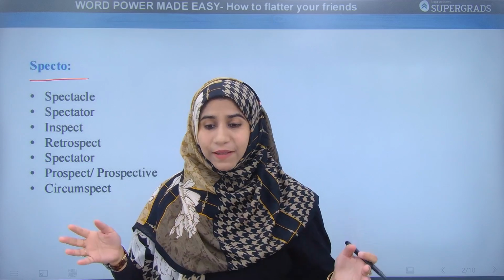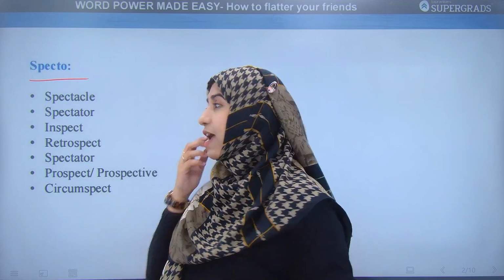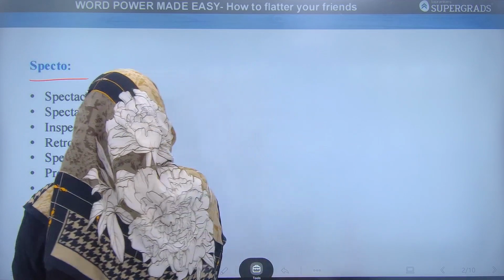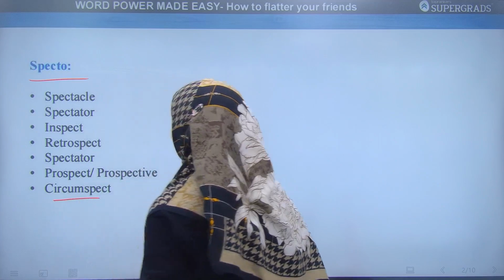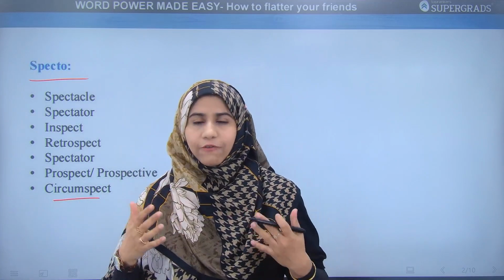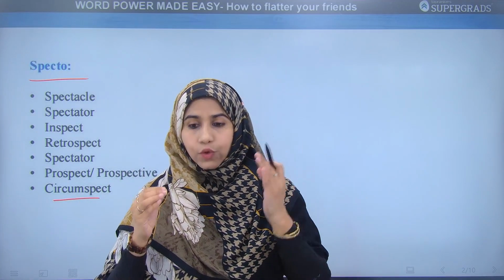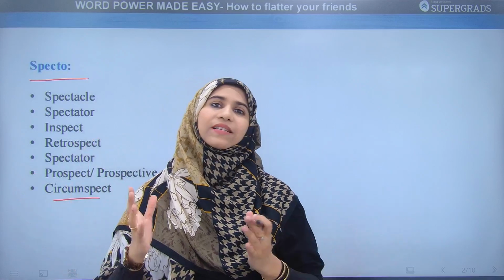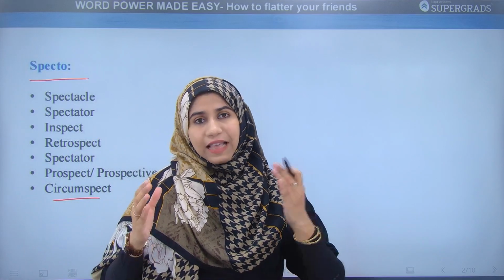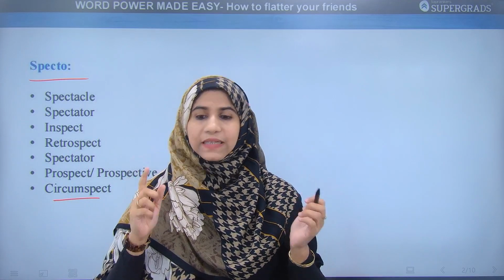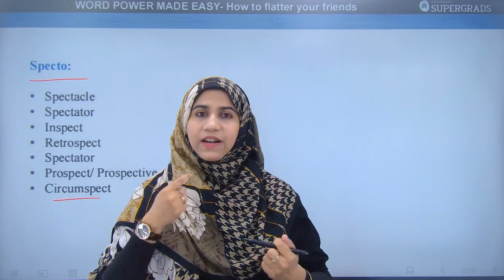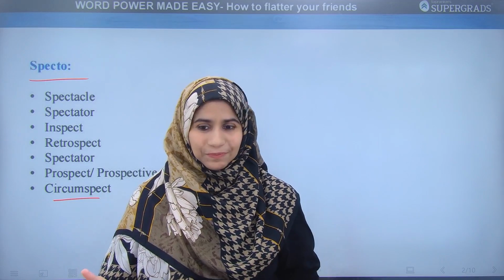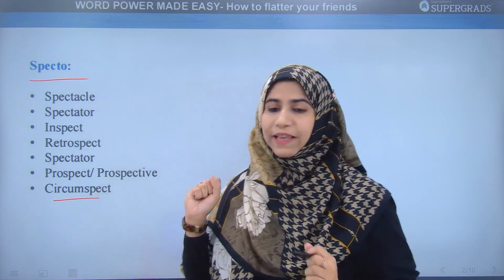You may wonder, we know all the words, so why is she telling us this? I am sure there will be some words you don't know, right? And it becomes all the more easy for us when we study a root and see what all the words are that come from it. That makes relating to those words easy and the process of learning new words easier. Okay? So we begin with this.